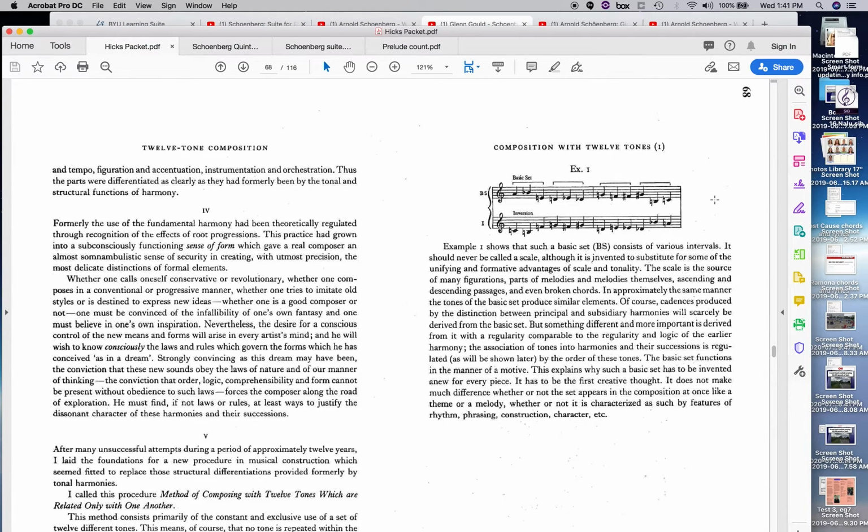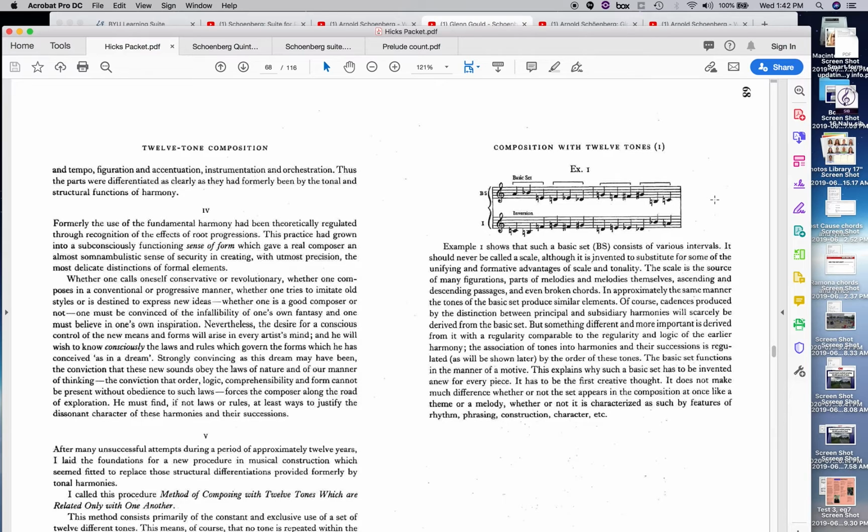Okay, and that gives us a total of 48 row forms. Okay, 4 permutations, 48 row forms. If you can remember those ideas, those are going to be important. People get the terminology mixed up, but for our class, these are going to be our terms. 4 permutations: prime, inversion, retrograde, retrograde of the inversion, or P-I-R-RI.